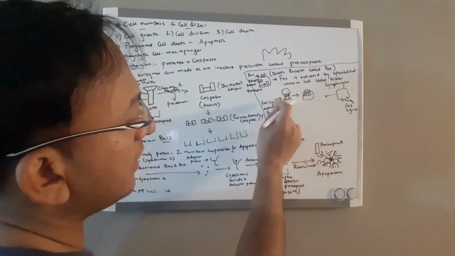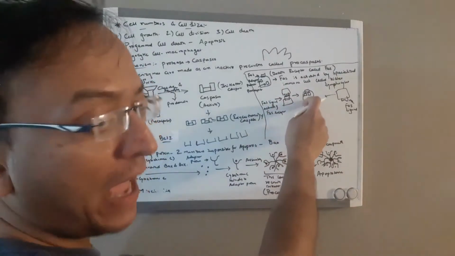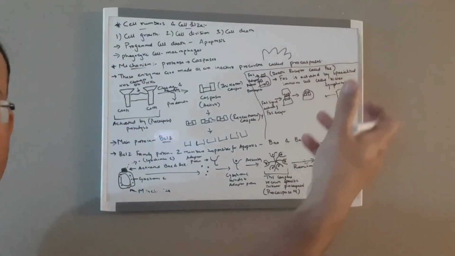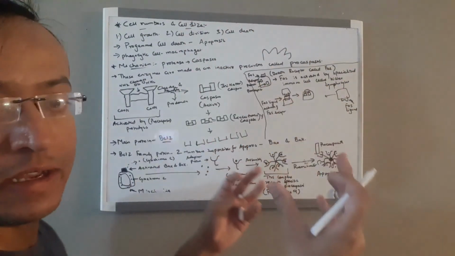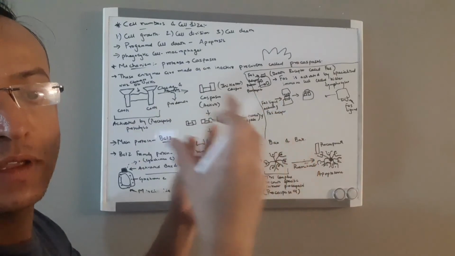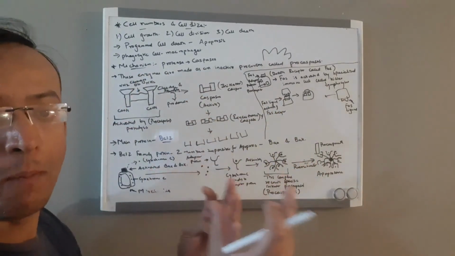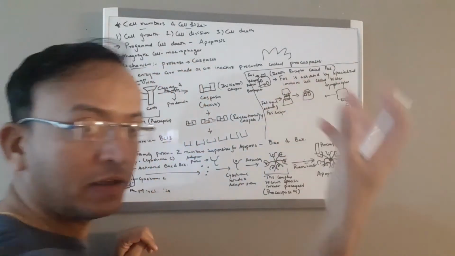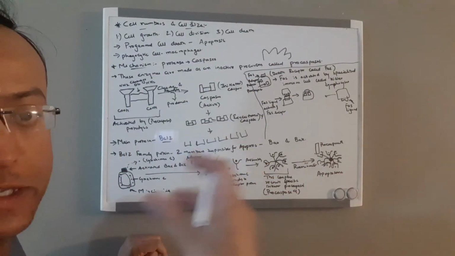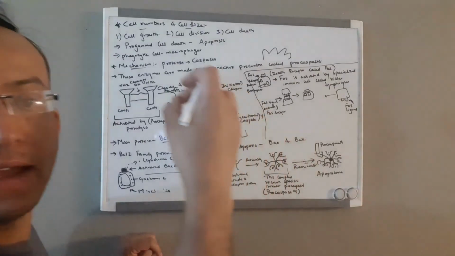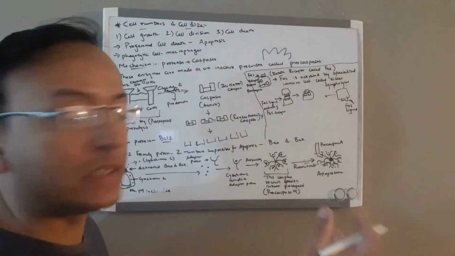Once this ligand activates the FAS receptor, it triggers the assembly of a death-inducing signaling complex, which includes a specific initiator procaspase.